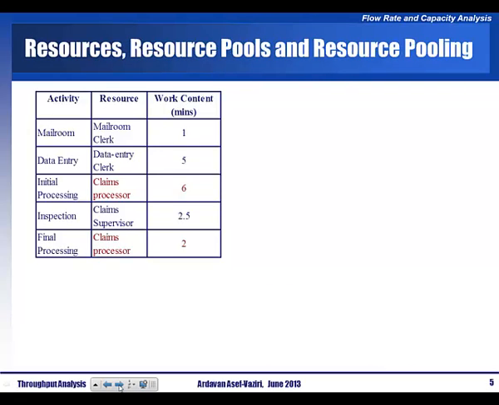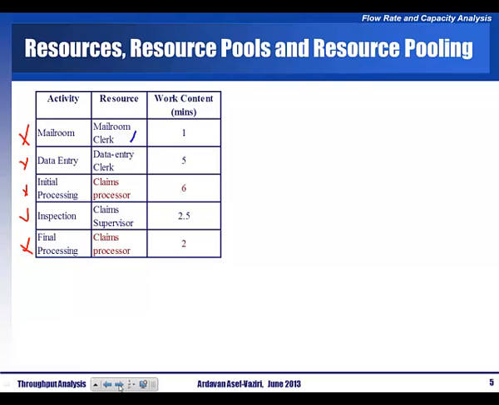Now let's solve this problem, which is mainly based on the discussion we had in capacity. We refresh our mind on a couple of terms and we learn one or two or three new terms. This is a process. We have 5 activities.